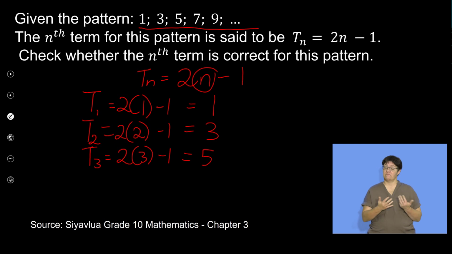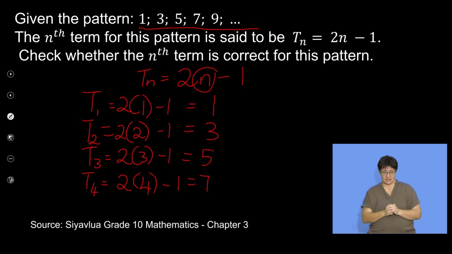Okay, then if I'm looking at term 4, I'm substituting in 4 for n, so I'm going to have 2 times 4 minus 1, which gives me 7. So far I can see that 1, 3, 5, and 7 are correct. I'm then going to see, last but not least, if term 5 is correct. I'm going to say 2 times 5 minus 1, which gives me 9.